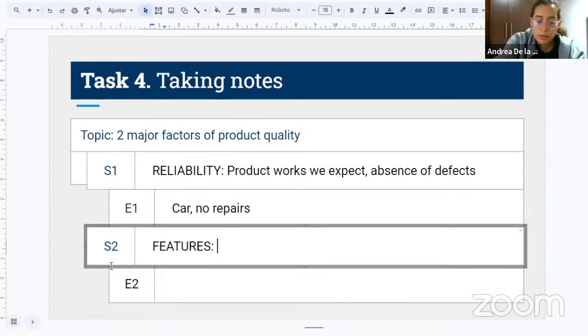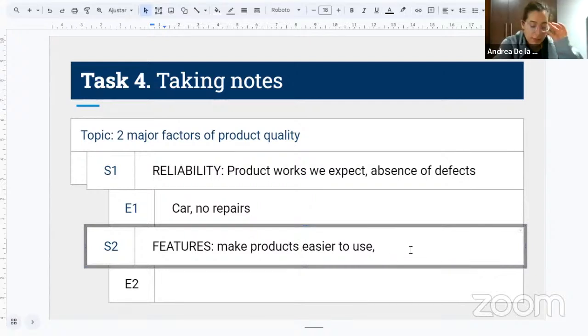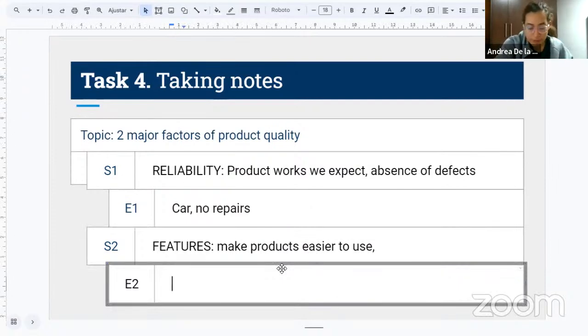Exactly. Okay, good. Yes, but before we get to the example, yes, you're right. Features are those characteristics, those things that make products easier to use, that make them more appealing, more attractive, more cool for the consumer. And yes, can you tell me about the examples?